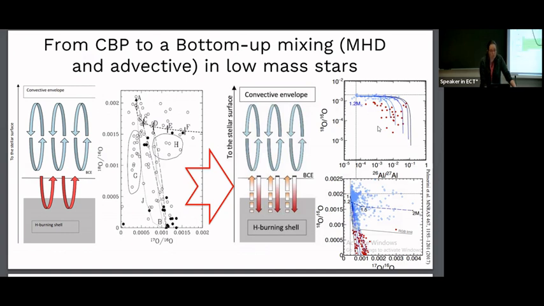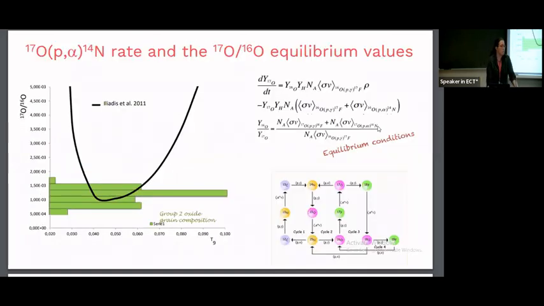Well, because if we look at the CNO cycle and write down some equations that give us the oxygen 17 and oxygen 16 abundances in equilibrium conditions, we find this curve. This is the oxygen 17 to oxygen 16 isotopic ratio as a function of the temperature. It depends on nothing but the reaction rate. Good.